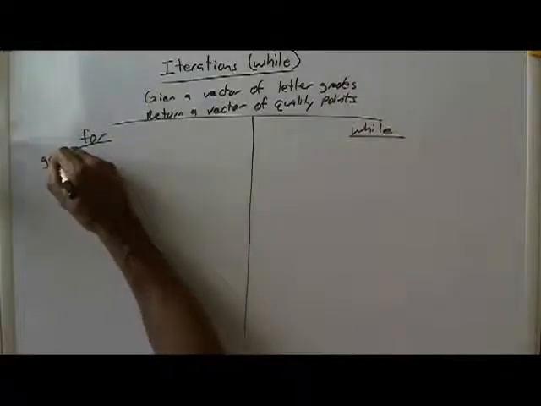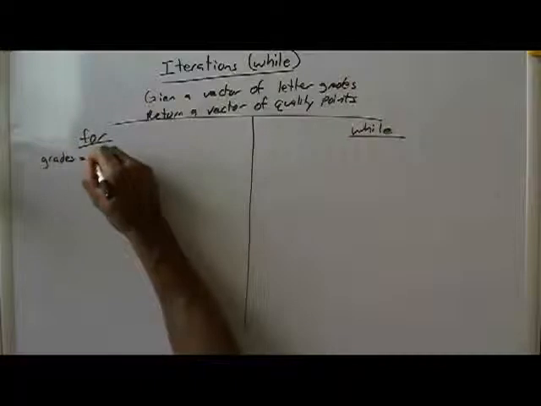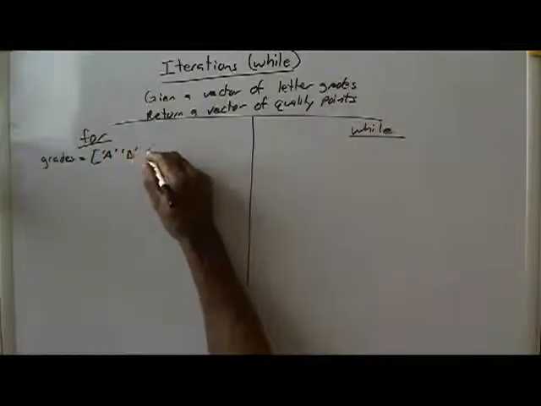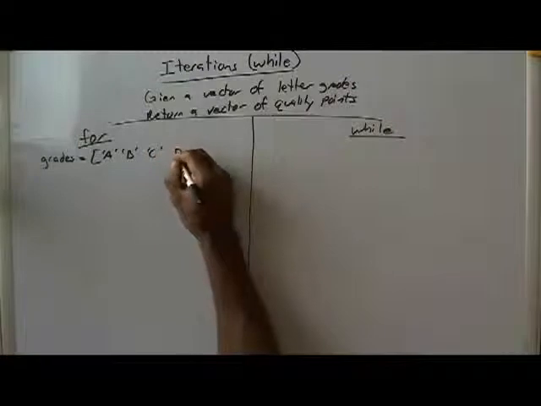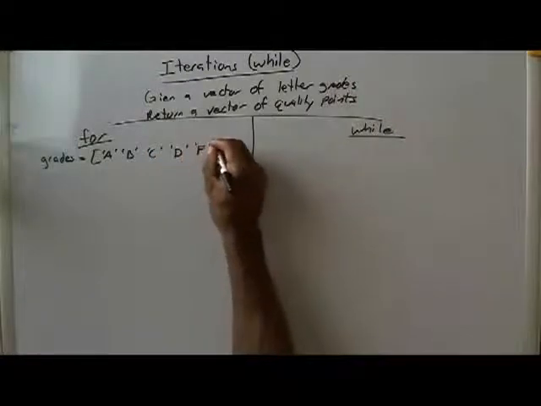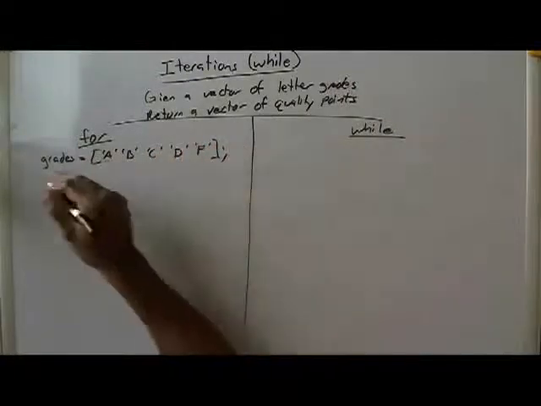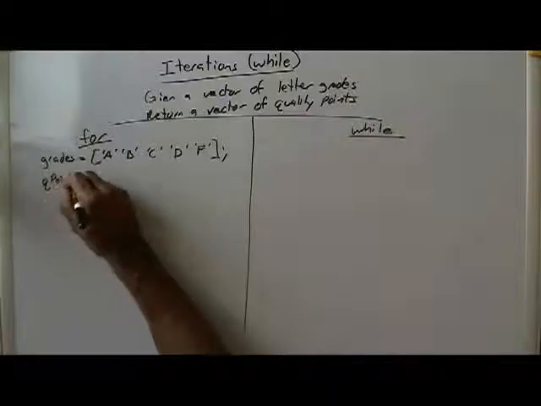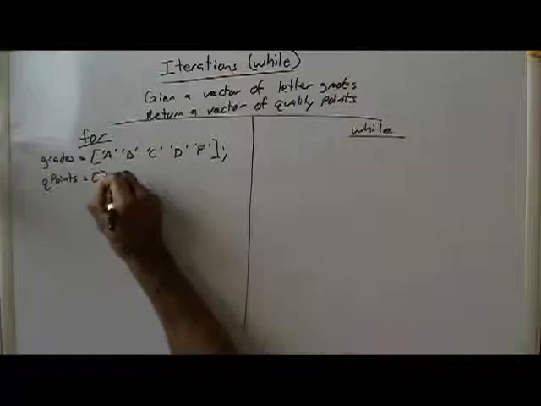As you recall, I have a vector called grades, with A, B, C, D, and F. And my results vector is going to be Q points, which starts off as empty.